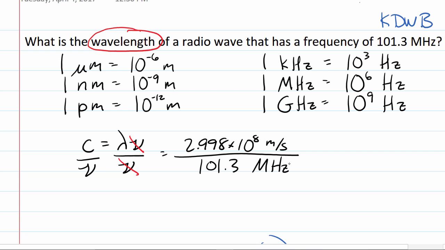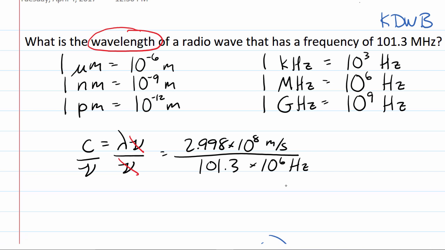Well, now we're not going to do a very good job of canceling units here, are we? So now we need to make sure that we get to a point where we can cancel out units. Remember that the prefix mega stands for how much? 10 to the 6. So we can change this to times 10 to the 6 hertz. So again, we replace mega with 10 to the 6.